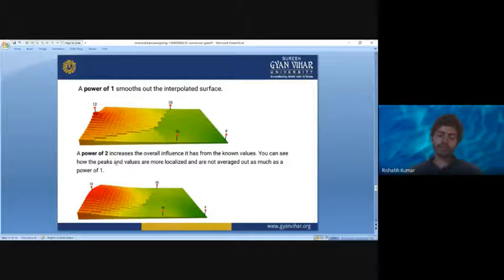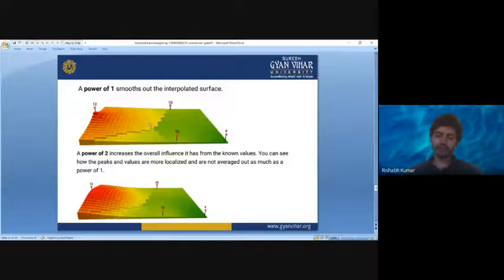When we increase the power or exponent in the IDW formula, the influence of the nearest known values increases. You can see how the peaks and values are more localized and not averaged out as much as with a power of 1.